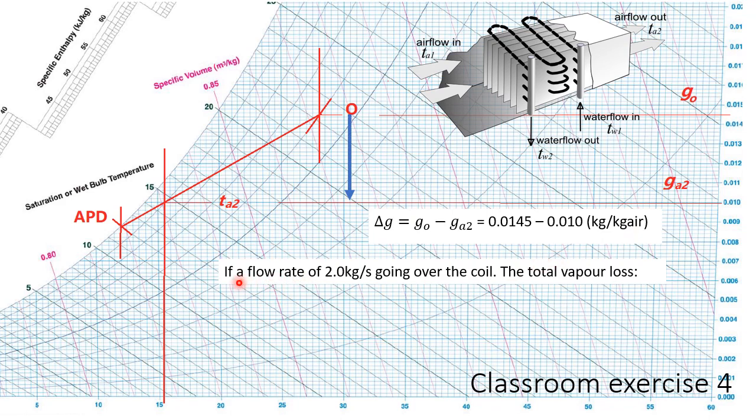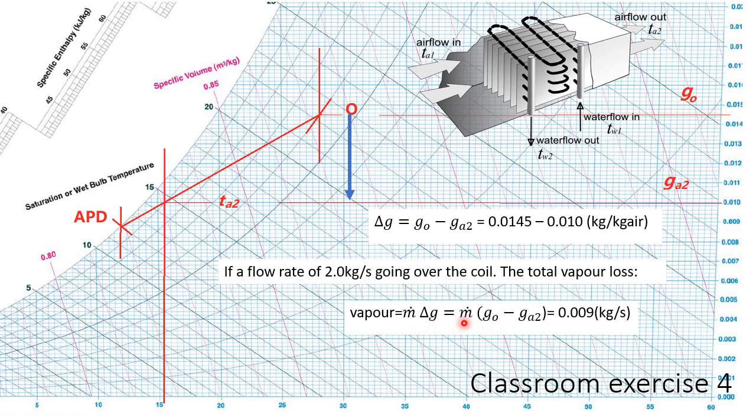Okay, now if airflow rate is 2 kilograms per second going over the coil, 1 kilogram will lose that much, and 2 kilograms per second is just delta G multiplied by 2 kilograms per second. That will be the moisture lost. So if we calculate vapor lost, or vapor turned into condensation, it is mass flow rate of air multiplied by the moisture content change.